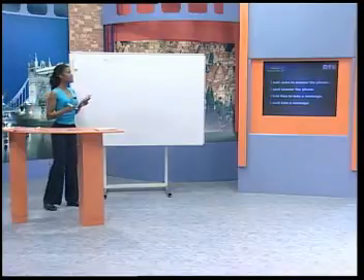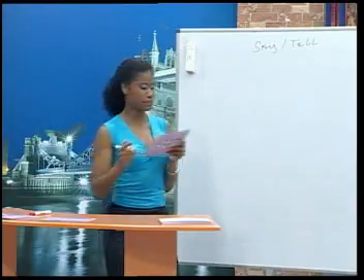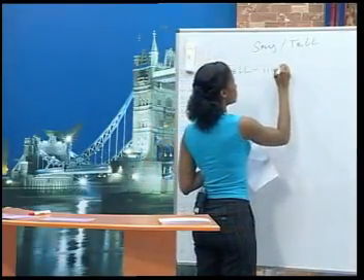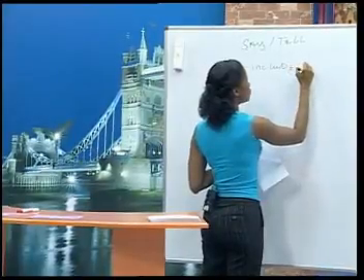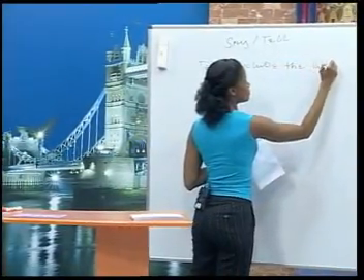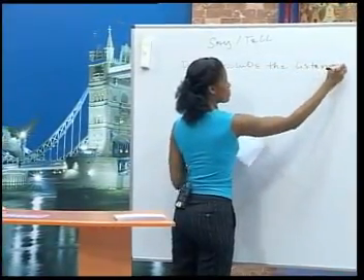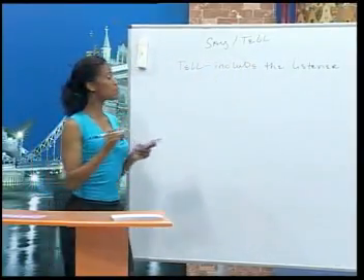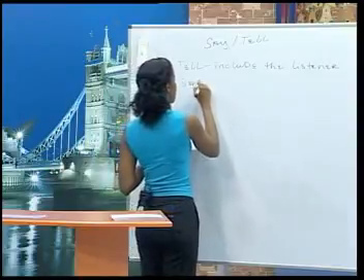So, with the verb tell, we always have to include the listener. Okay, when we use say, we don't have to refer to the listener.